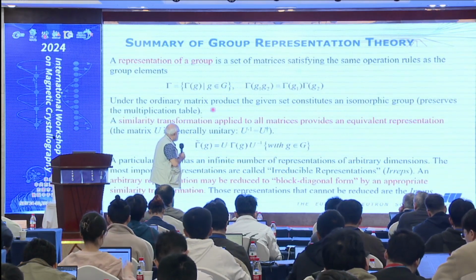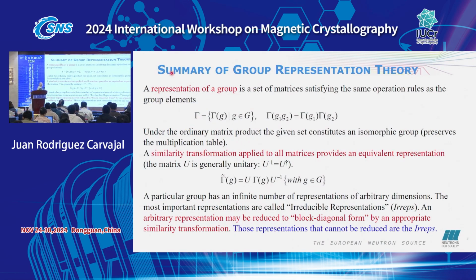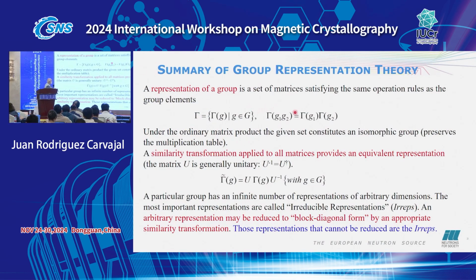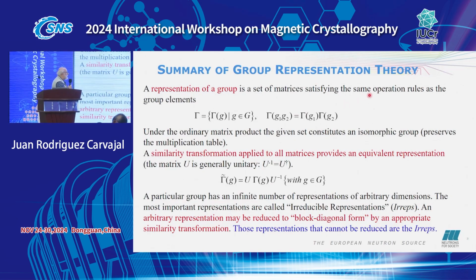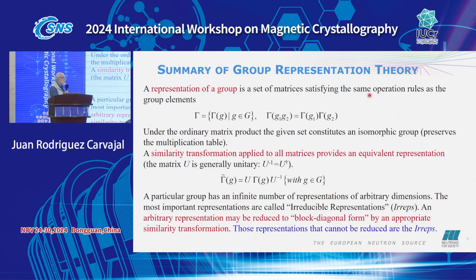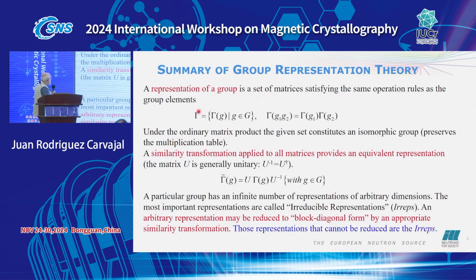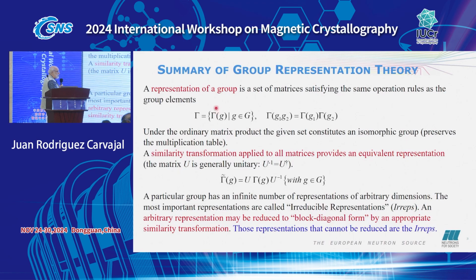Let me start. Well, this is what Branton presented. In fact, a representation of a group is a set of matrices satisfying the same operation rules as the group elements. It's very simple. The concept is trivial. We use this notation: this is the name of the representation and also the name of the matrices.